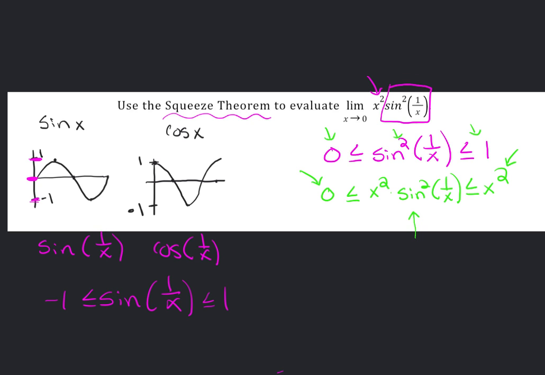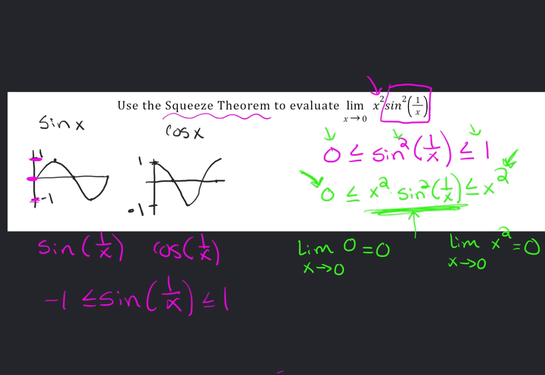So now let's take the limit as x approaches 0 of the left function, which is 0, well, that's just 0. And then the right side, the limit as x approaches 0 of x squared, well, that also equals 0.